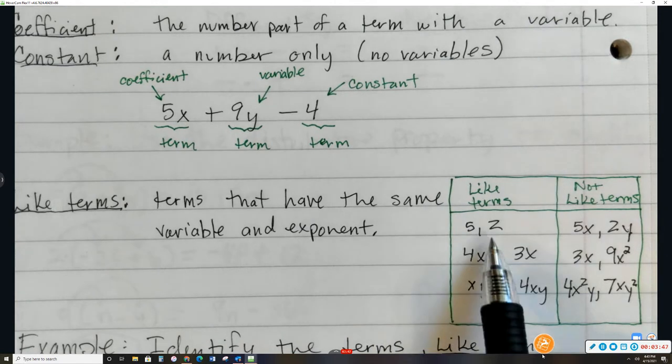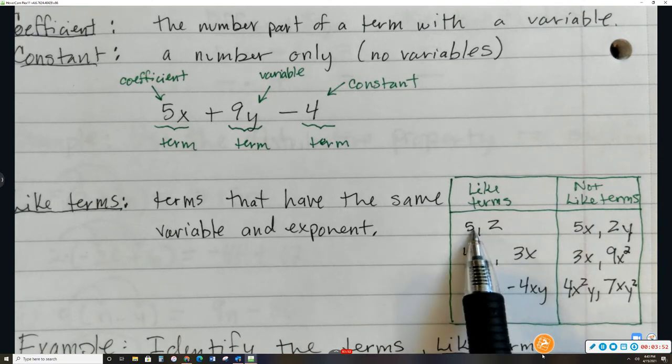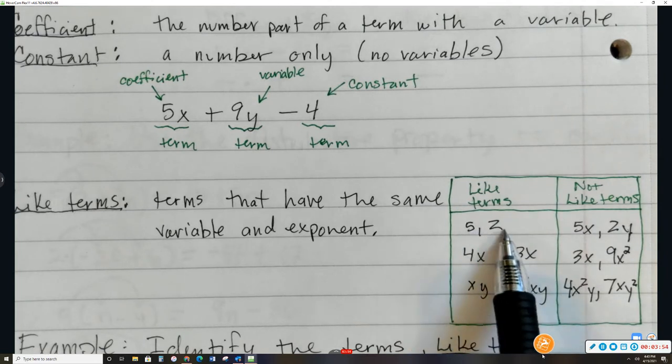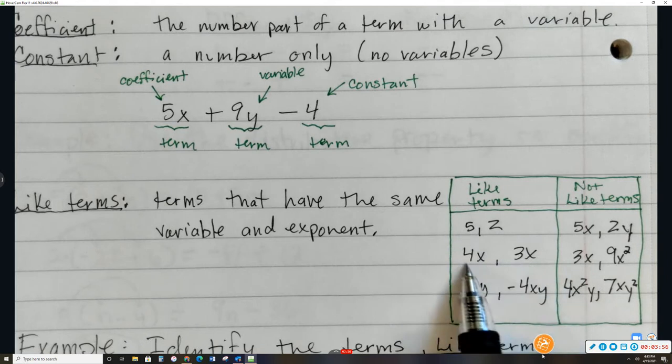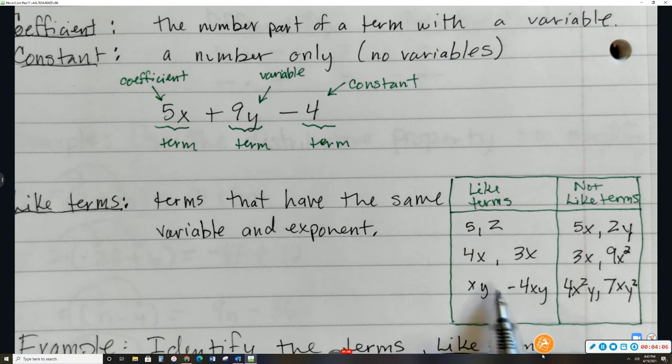That's an ugly 2, but it's a 2. It's not a z, okay? Those are like terms because actually they're both constants. They don't have any variables. 4x and 3x, those are also like terms because it has the same letter. And even these ones, xy and -4xy, because it's the exact same letters, they are like terms.